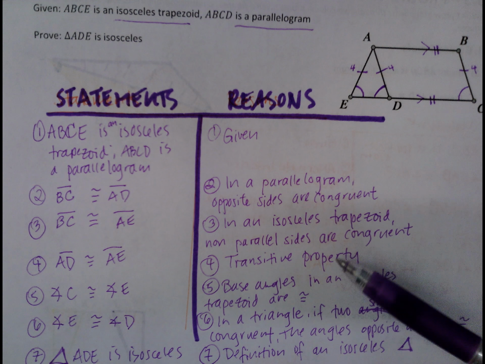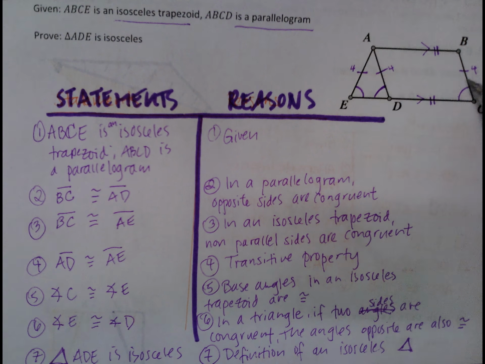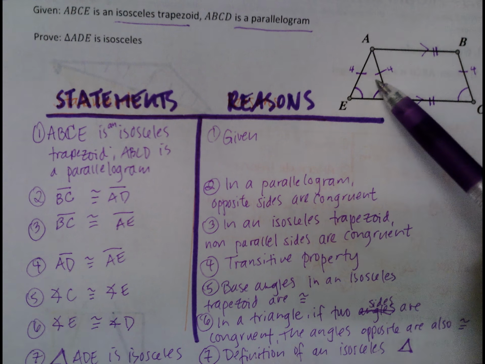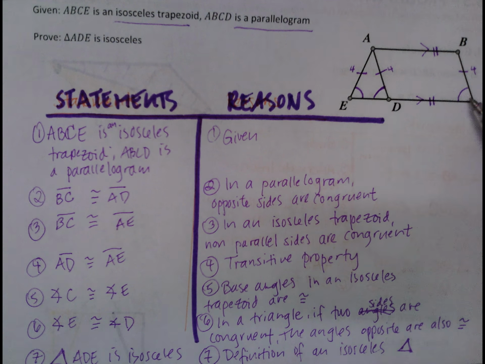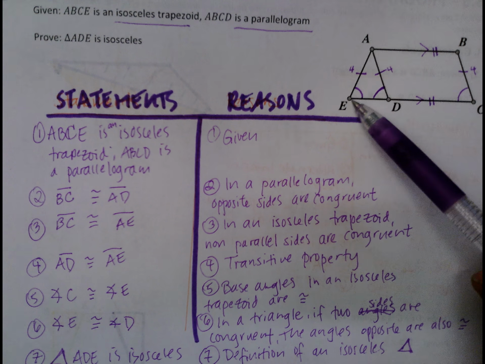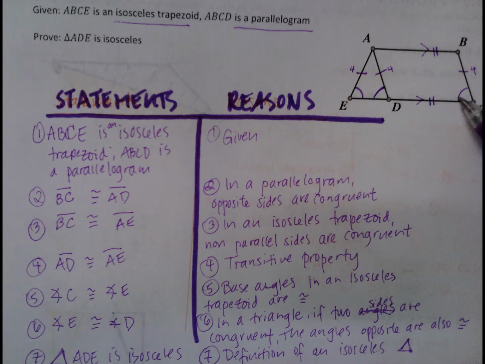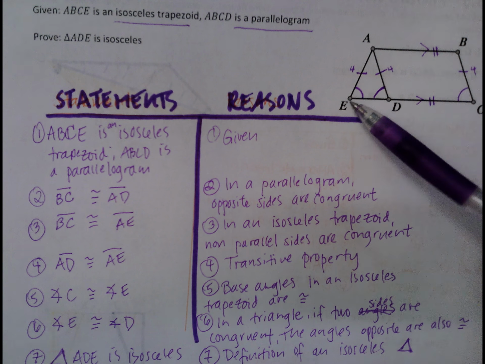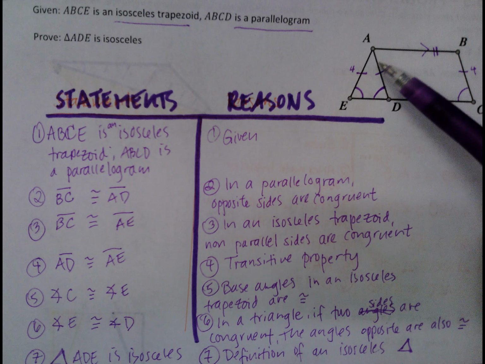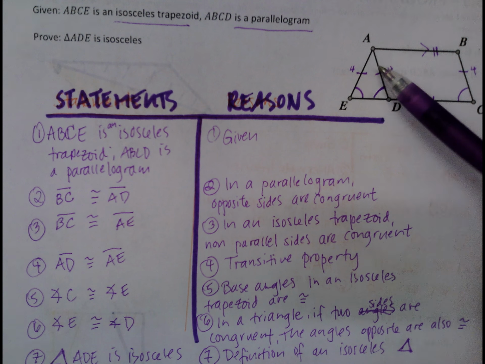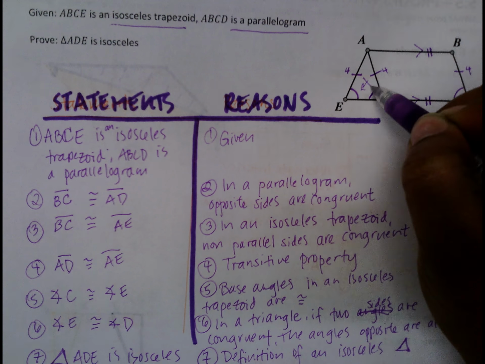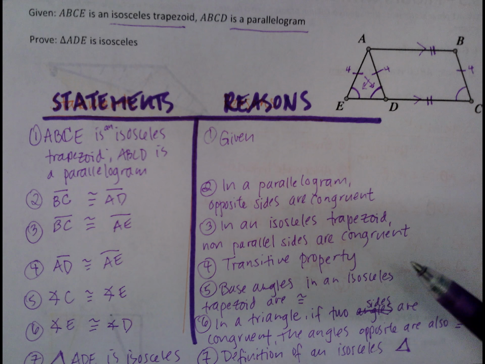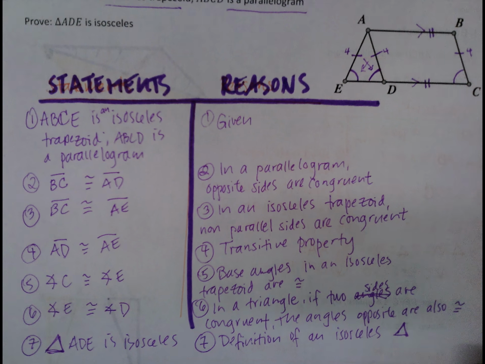Based on the transitive property, I deduced that if these 2 are congruent and these 2 are congruent, then these 2 sides have to also be congruent. Then I identified these 2 as congruent because of the properties of an isosceles trapezoid. And then, because of what I know about triangles with 2 congruent sides, the angles that are opposite those sides are also congruent, okay? And so if that's the case, then we have an isosceles triangle.